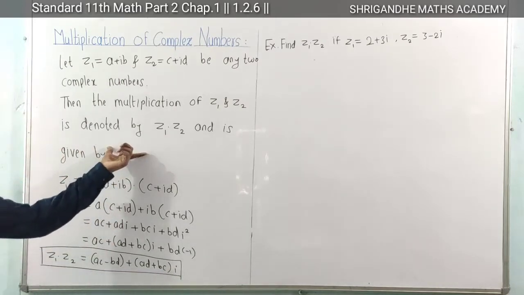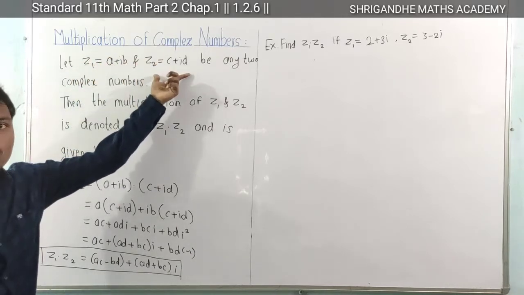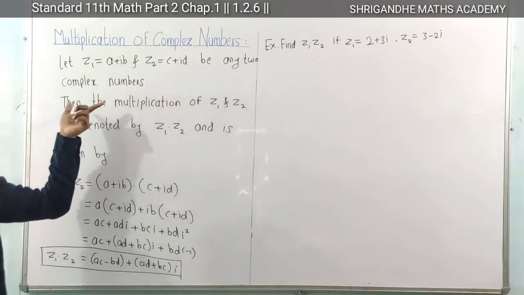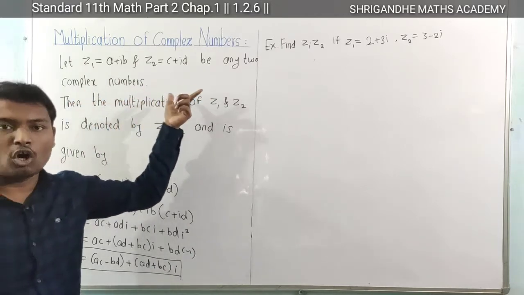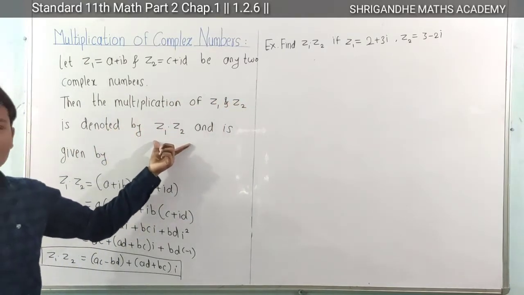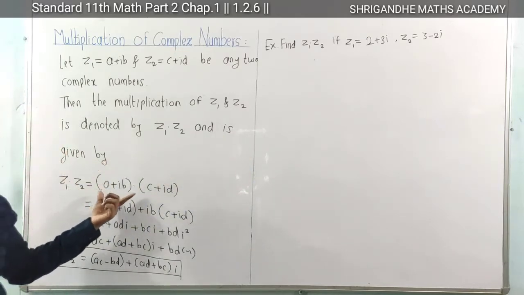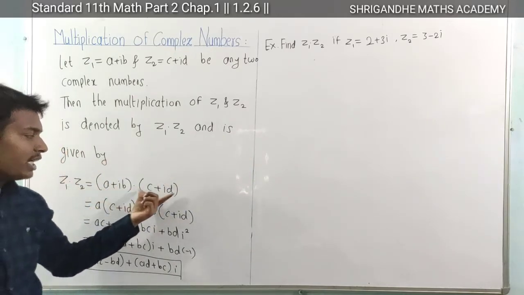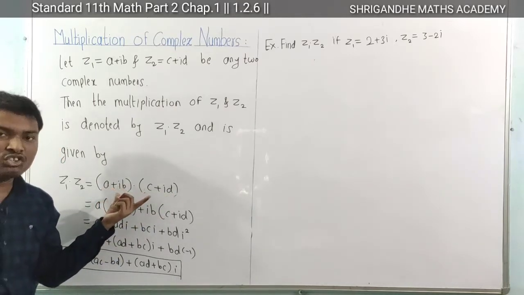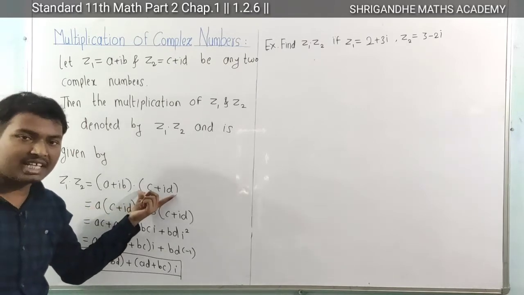Students, here we take Z1 equal to A plus IB and Z2 equal to C plus ID be any two complex numbers. Then the multiplication of these two complex numbers is denoted by Z1 into Z2 and is given by A plus IB into C plus ID. Now we have to find this multiplication.